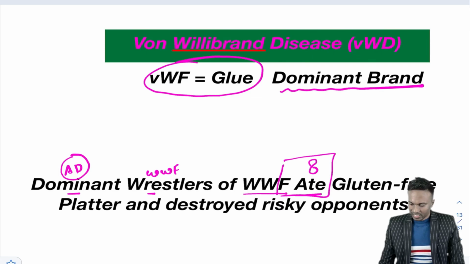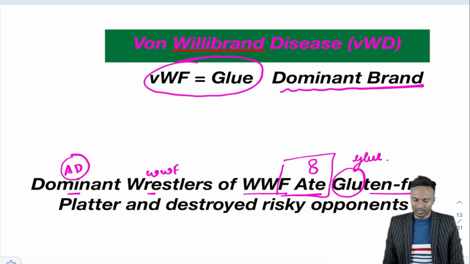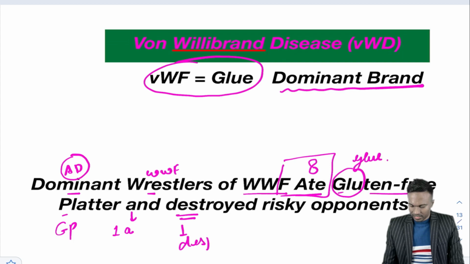Gluten-free: it acts like glue. If we talk about von Willebrand factor, consider gluten-free as a single word. Platter: gluten-free platter, GP. A is the first letter, so you can replace it with 1A. Then you have destroyed, which can be replaced with desmopressin.